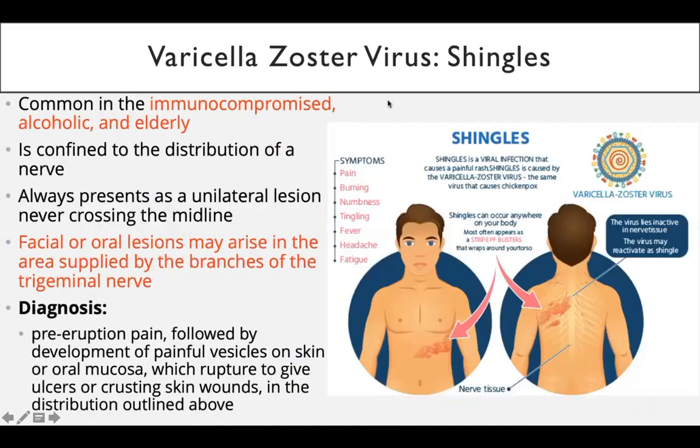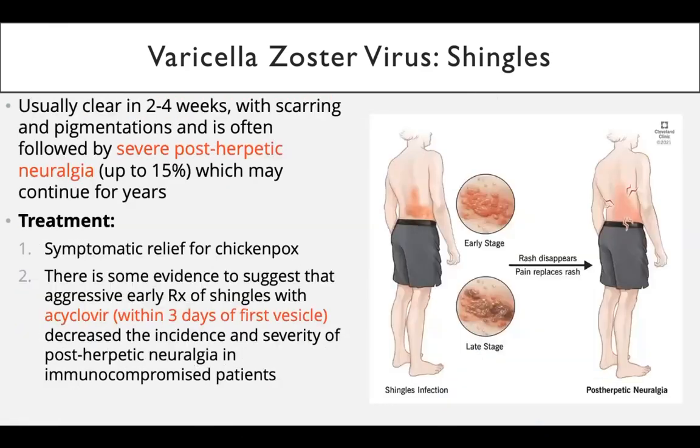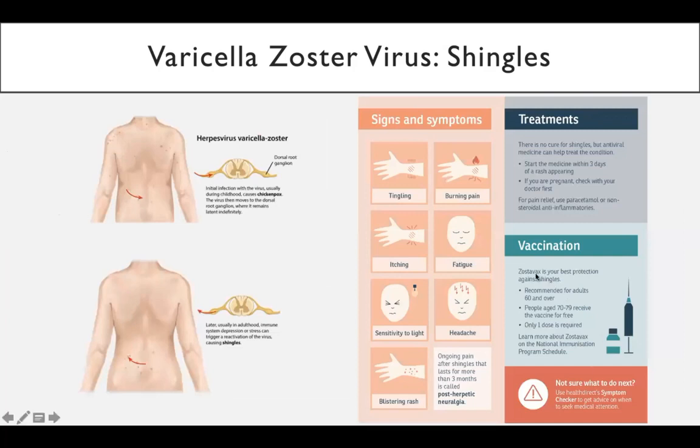Okay, and then to avoid shingles, what can we do? We have a vaccination. Zostavax is your best protection against shingles, recommended for adults 60 or over. People age 70 to 79 receive the vaccine for free if they did not have chickenpox as a child.